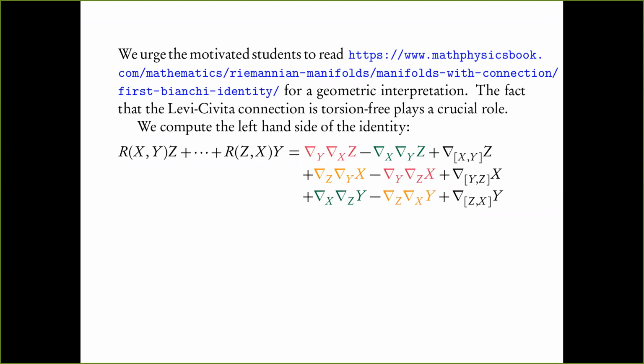All right. Now, what happens if I combine the two red terms? What is nabla y nabla x z minus nabla y nabla z x? So remember, if I want to combine the two red terms, how should I combine them? I'll pause for a moment and let all of you think. Our connection is metric compatible and torsion free.